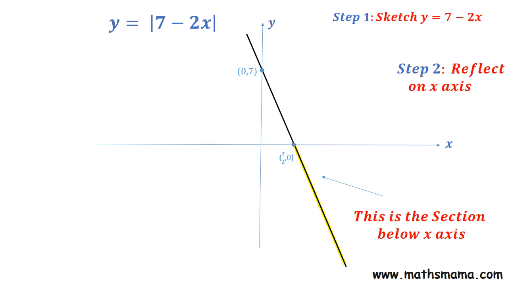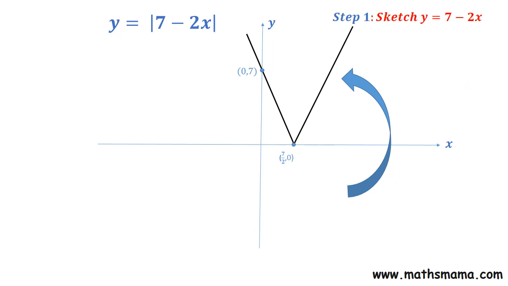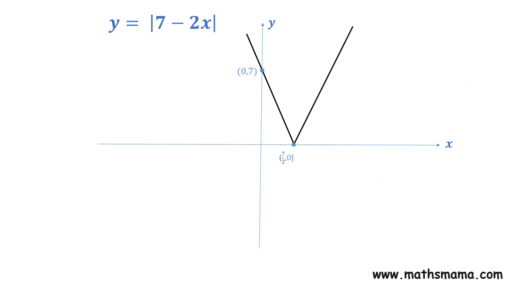So to get rid of all these negative y values, we reflect it on the x-axis. Once you reflect, we don't need the function which is below the x-axis, so we delete it, and here we get the modulus function, a V-graph, a V-shaped diagram.